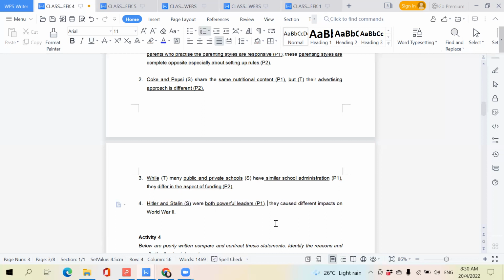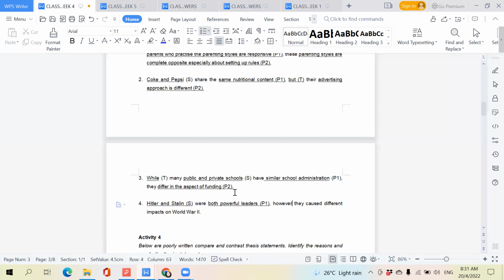If I say however, this is also a transition signal. It has the same function as but. Earlier we used but, and here we want to use however. No problem. It's not that I must use this only and cannot use another transition signal. No, it's up to you, so long as you know the function of the transition signal that you're using, especially if you've taken LP2501.